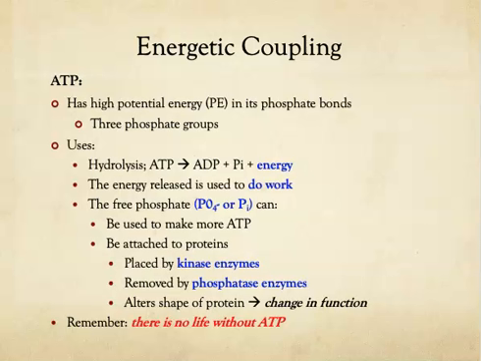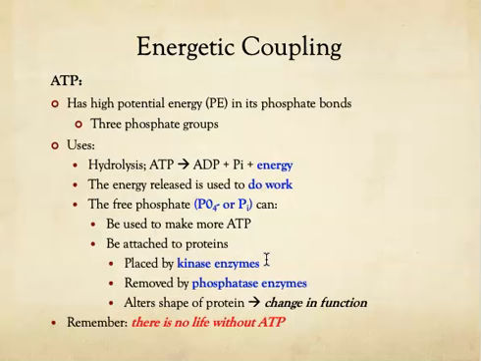Now, you should be familiar with the enzymes that are involved in this phosphorylation of proteins. There's a family of enzymes called protein kinase enzymes that we've mentioned before, and it is the kinase enzymes that do the work of phosphorylating proteins and other molecules.